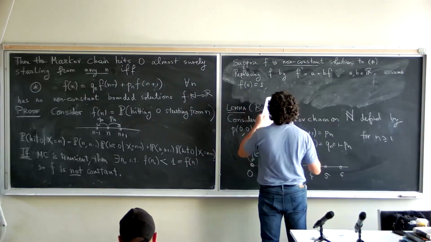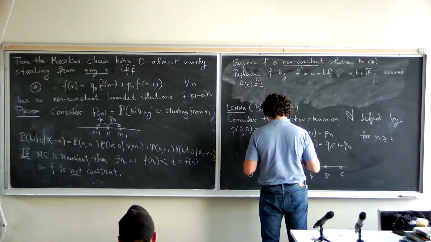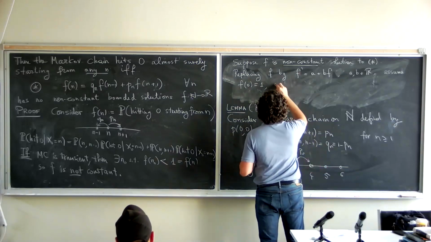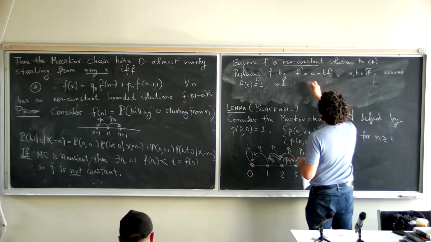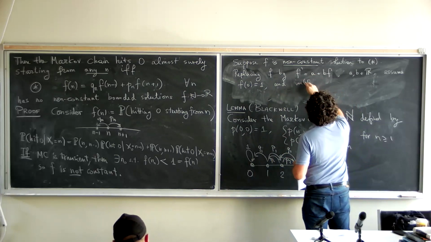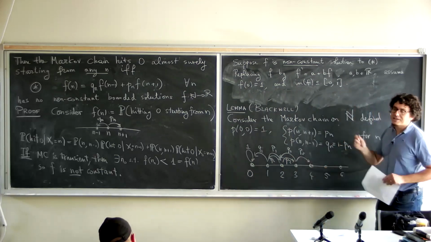And also maybe we can assume that it takes values from 0 to 1. To be honest, it doesn't really matter. So the image of f is contained in 0, 1. It's a bounded function.